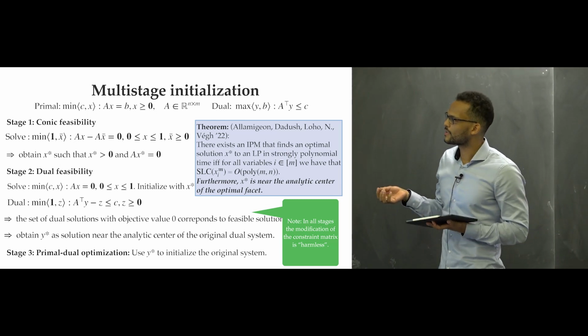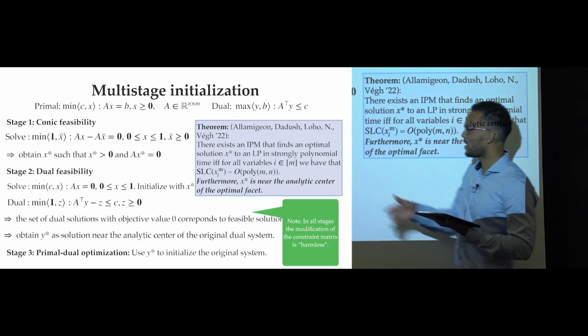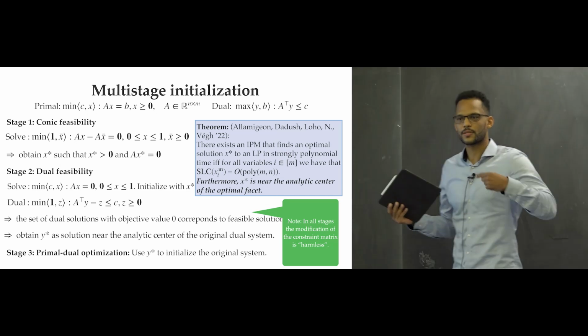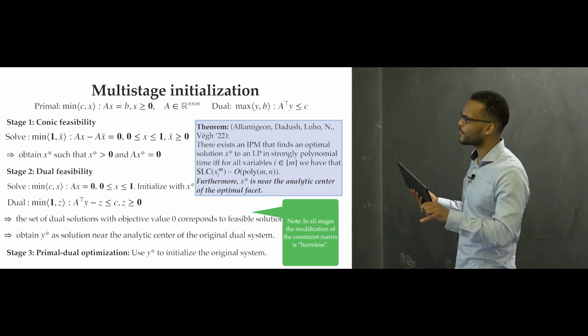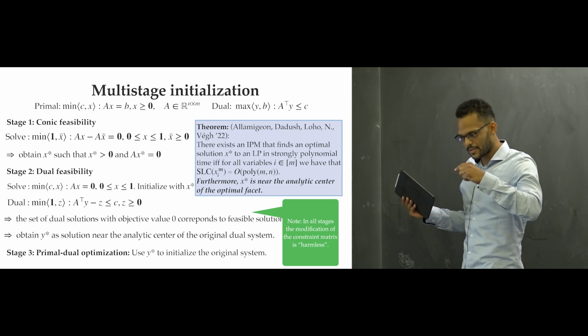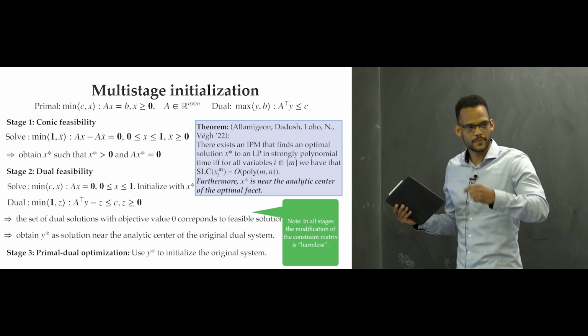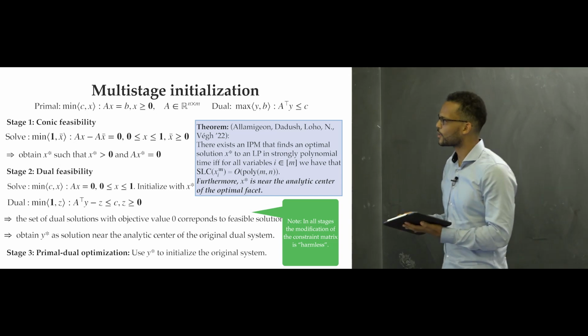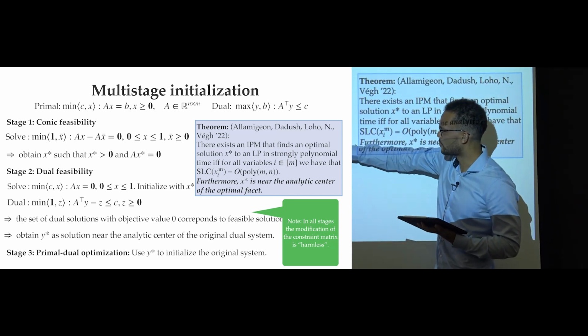But the nice thing is that now, with this solution X star, I already have an initial central solution, which I was not given initially. So the first stage helped me to find the center of the system that I need to solve feasibility. Okay, so this is stage 2. Use the solution from step 1 to solve feasibility.